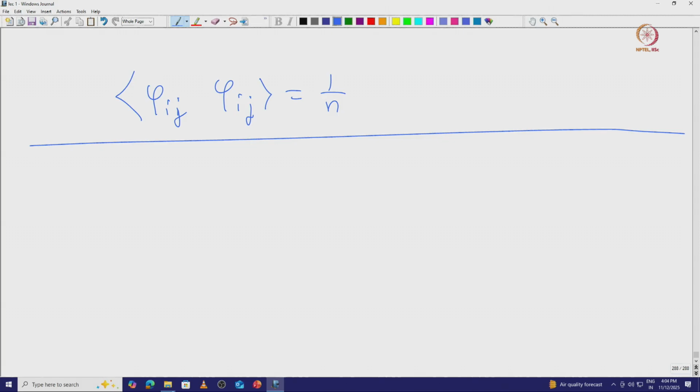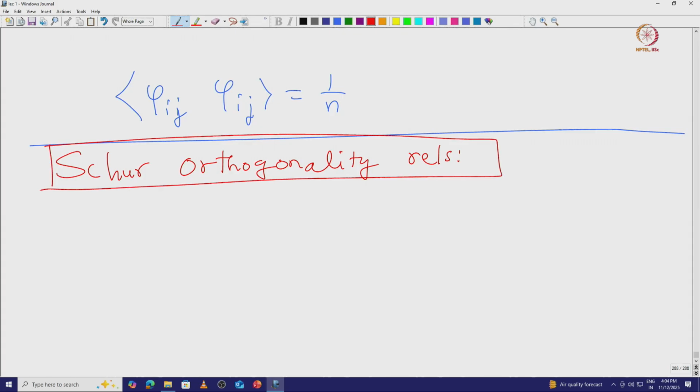So, let me just state it again. Here is the result that we proved, Schur's orthogonality relations, and it is such an important result; we will be able to conclude so many things about the representation space using this.